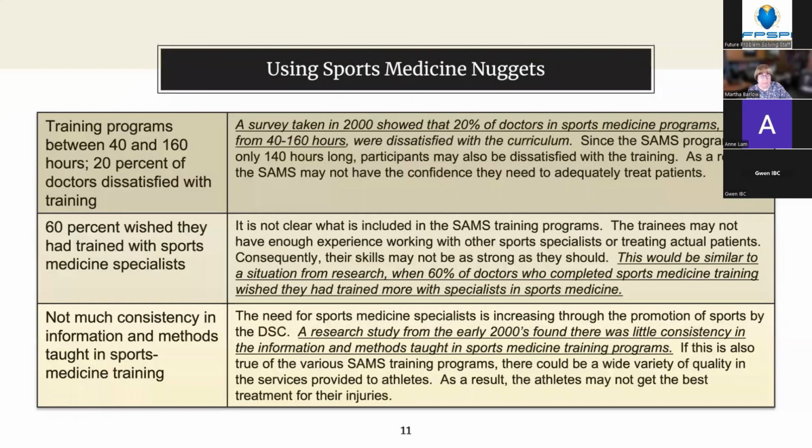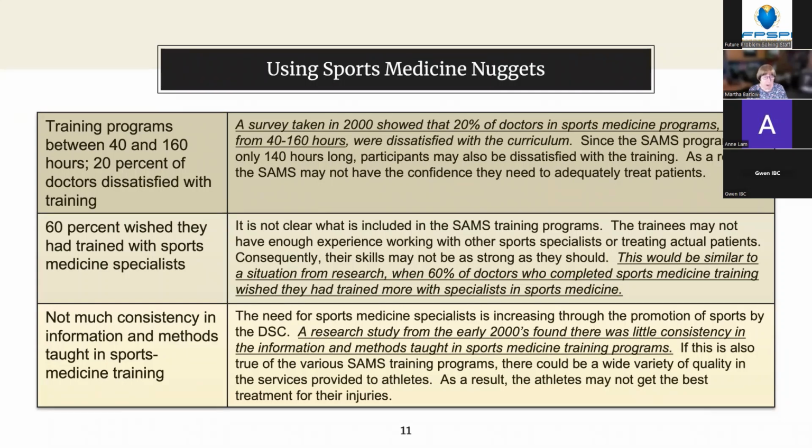So here is taking a couple of those nuggets and showing how they might be used in challenges. Those training programs being between 40 and 160 hours, and 20% of the doctors being dissatisfied. So it could start out: a survey taken in 2000 showed that 20% of doctors in sports medicine programs lasting from 40 to 160 hours were dissatisfied with the curriculum.